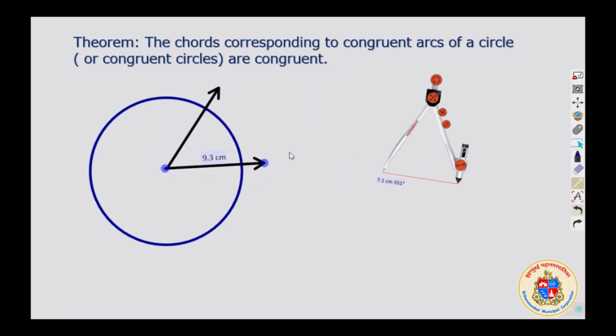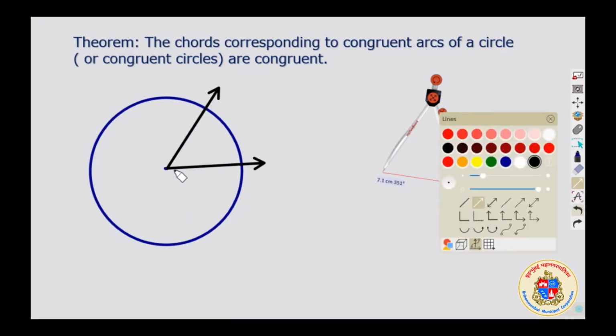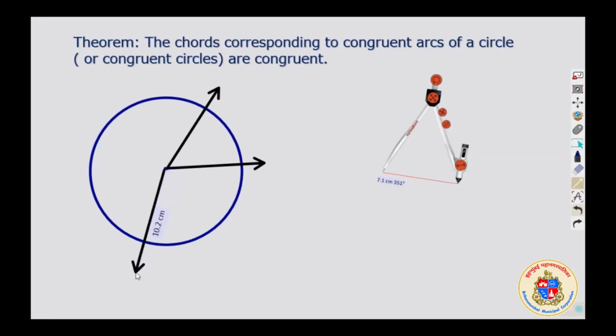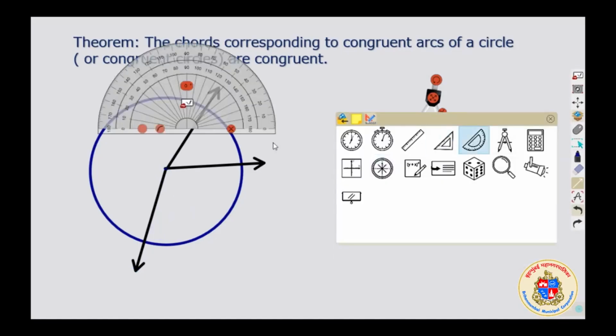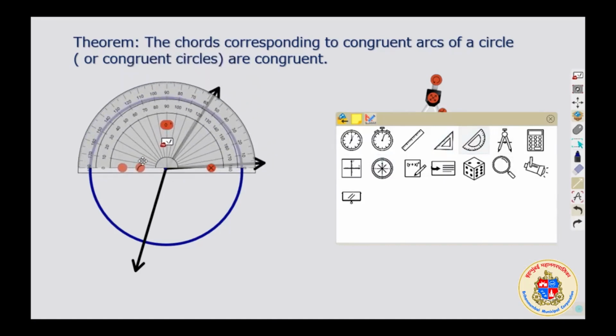I made one arc. I need one more arc of the same measure. So we will take another side of it, and we will have to take another measurement. So I need the protractor. How much is this? I will check.